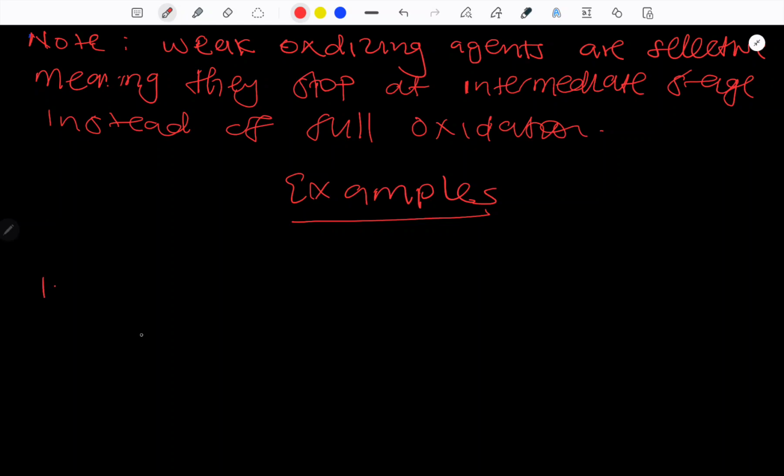Let's get the same example as the first one on strong oxidizing agent. Here let's get this compound. If your answer is an aldehyde, because this is a primary alcohol converted to an aldehyde, meaning we're going to use a weak oxidizing agent.